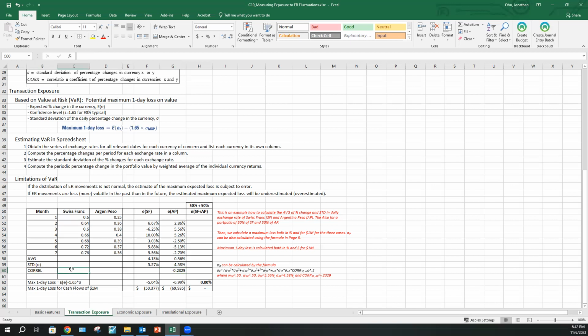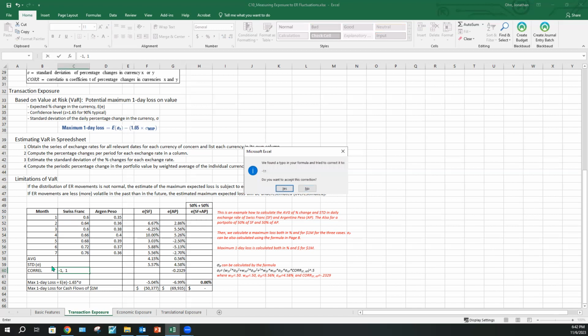This correlation usually is between -1 and 1. So the minimum correlation is -1. The maximum correlation is 1, right?